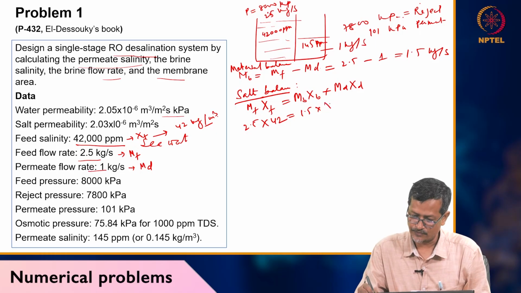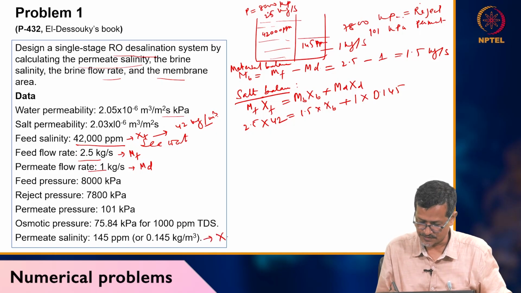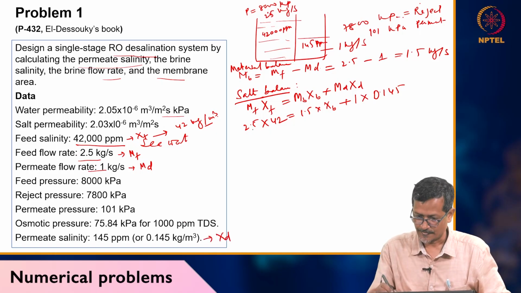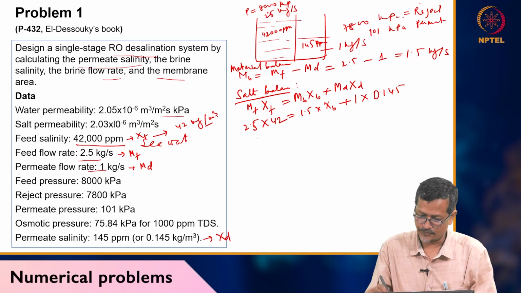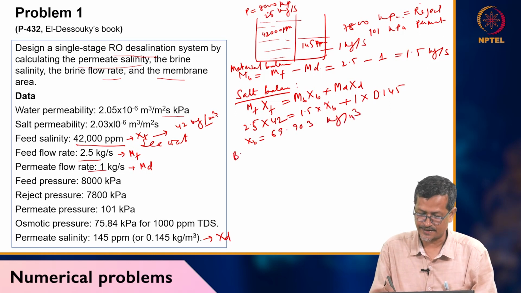Xb value I don't know, plus Md value 1 into Xd, 0.145. This is given. Now if we calculate, Xb is coming 69.903 kg per meter cube. This is brine salinity.